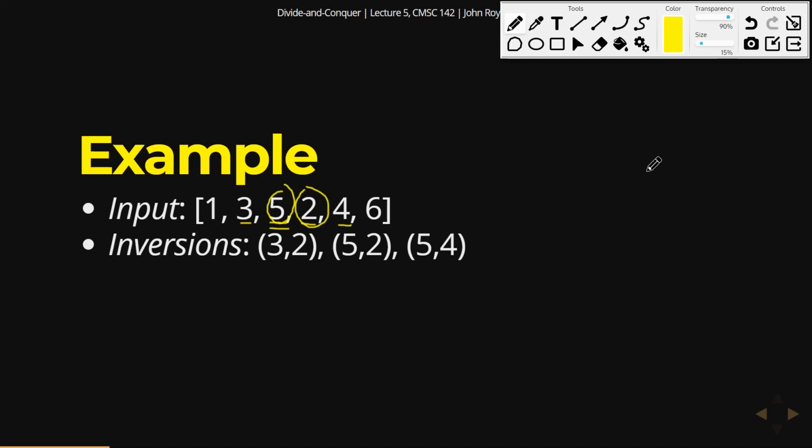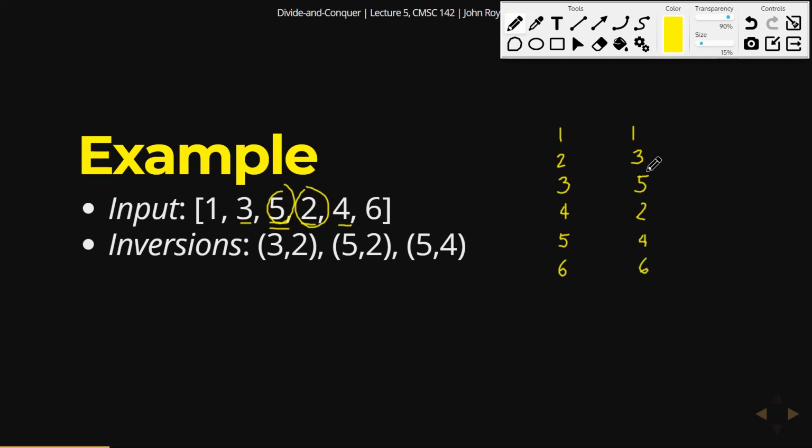Now if you write up the sorted version of this one, this would be 1, 2, 3, 4, 5, 6, right? And then if you also write the input version, that's 1, 3, 5, 2, 4, and 6.